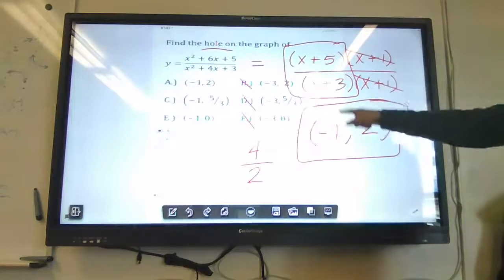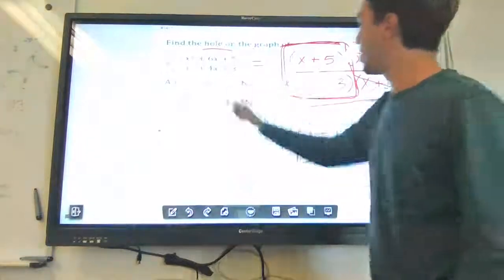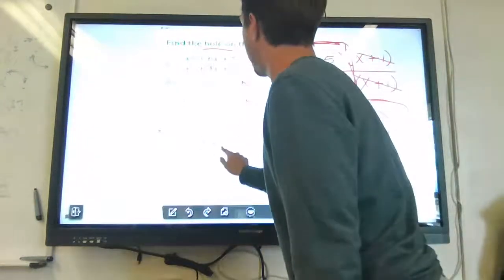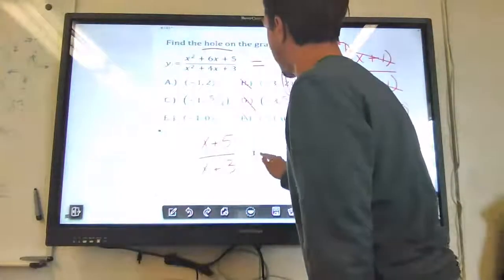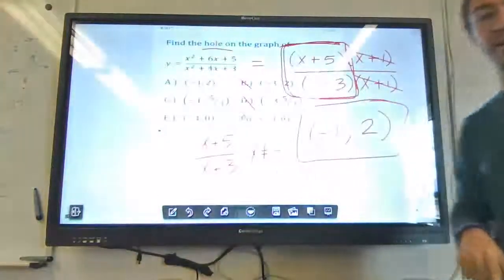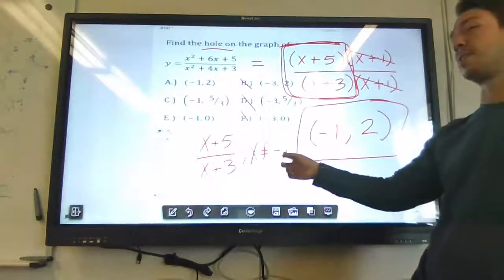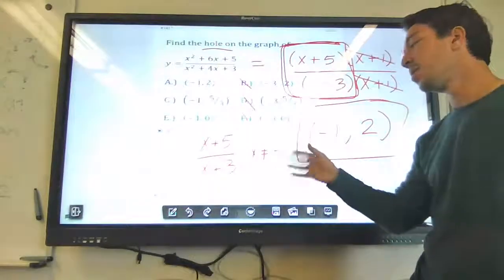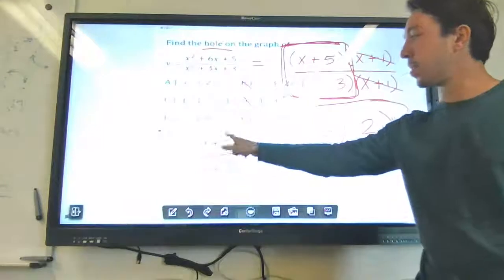Technically this function is the same as x plus 5 over x plus 3, x can't be negative 1. I know x can't be negative 1 because it would be 0 over 0. But if I could plug in a number very close to negative 1, what would I get? The answer is you get it simply by plugging that number in here.